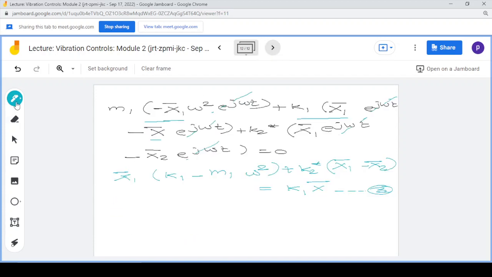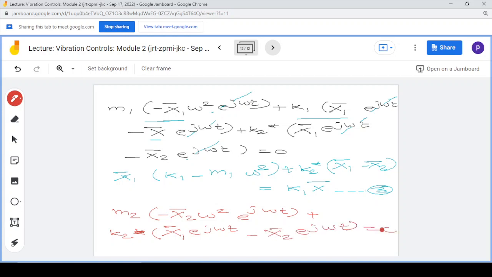Now we write it as m2 into minus x2 bar omega square e raised to j omega t plus k2 star into bracket, for x1 we write x1 bar e raised to j omega t, for x2 we write x2 bar e raised to j omega t, equals 0, right?